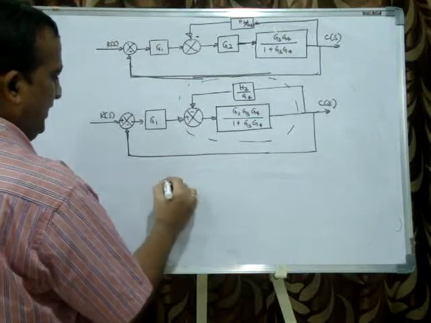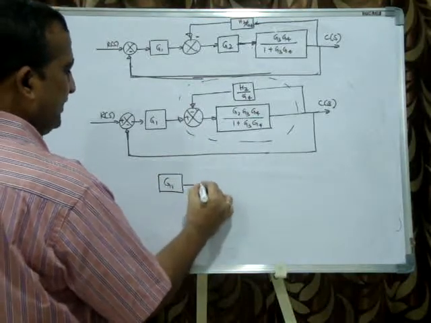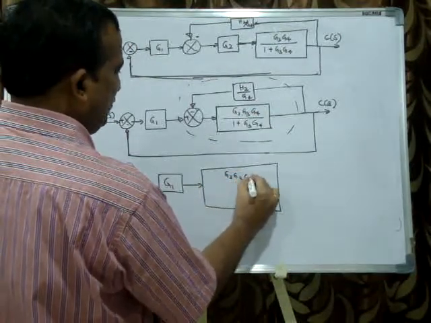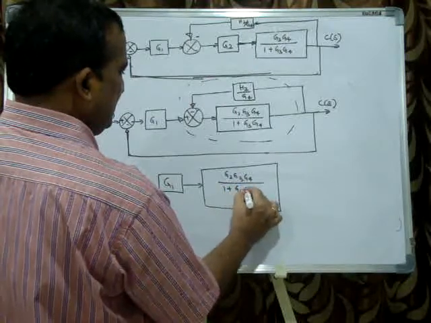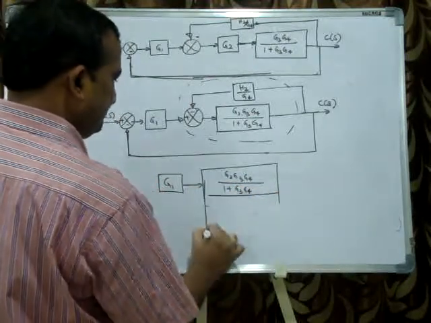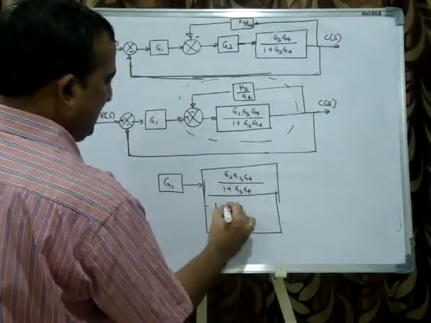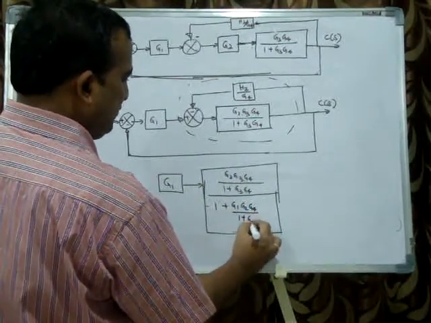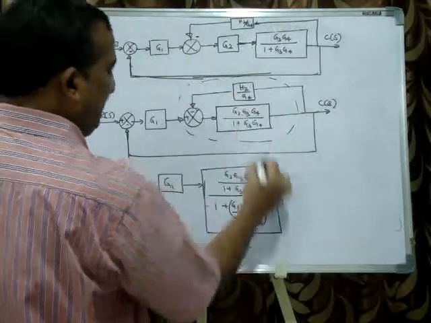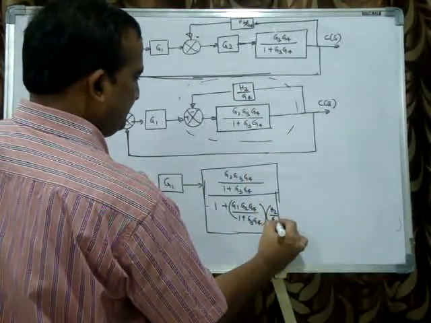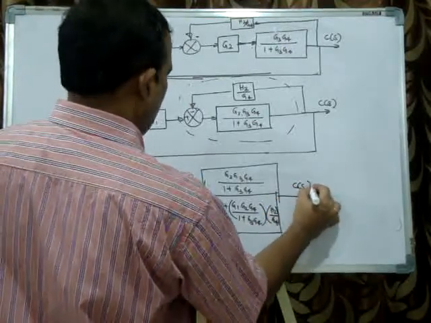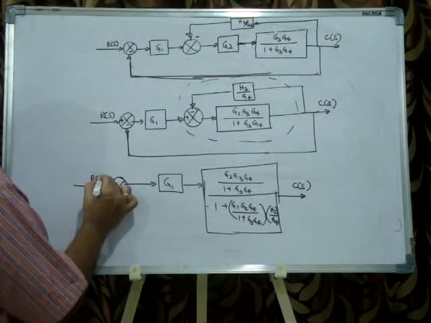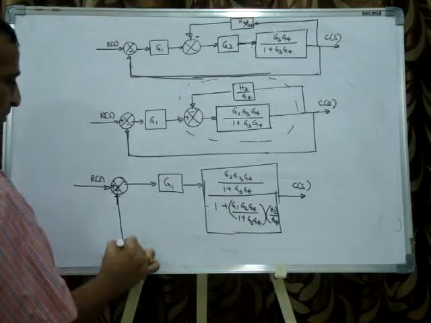So here I'll write G1, here I'll write feed forward element G2 G3 G4 divided by G3 G4 divided by 1 minus, plus once again feed forward element G2 G3 G4 divided by G3 G4 into feedback element H2 by G4, and here G1, and here R(s), here plus and minus.